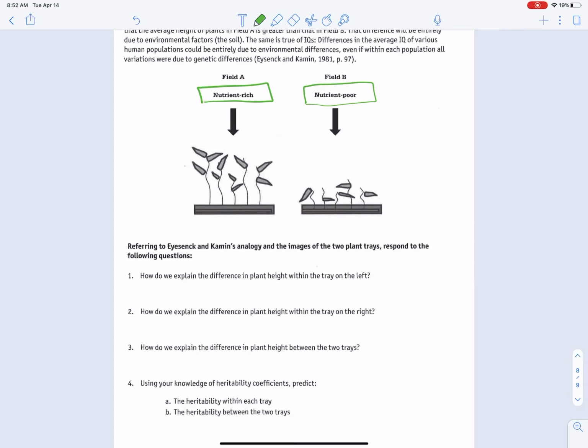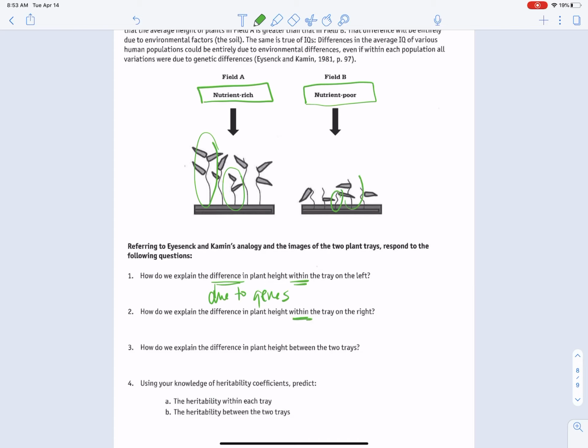So let's go through some of this really quickly. How do we explain the difference in height within the tray on the left? Okay, within the tray on the left, we see this tiny little plant and this tall plant. Since they are raised in the same environment, any difference would be due to genes. Okay, so how do we explain differences in plant height within the tray on the right?